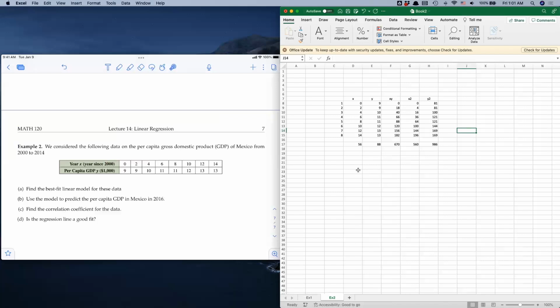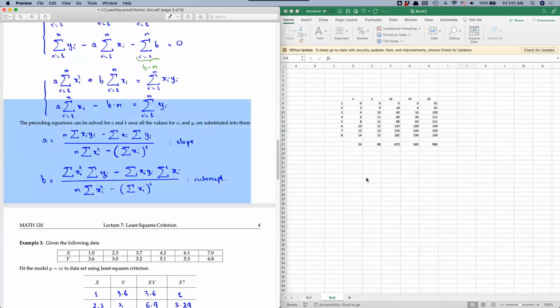Next you need to calculate the slope and the y-intercept of the linear model. Now let me turn to lecture 7 one more time.